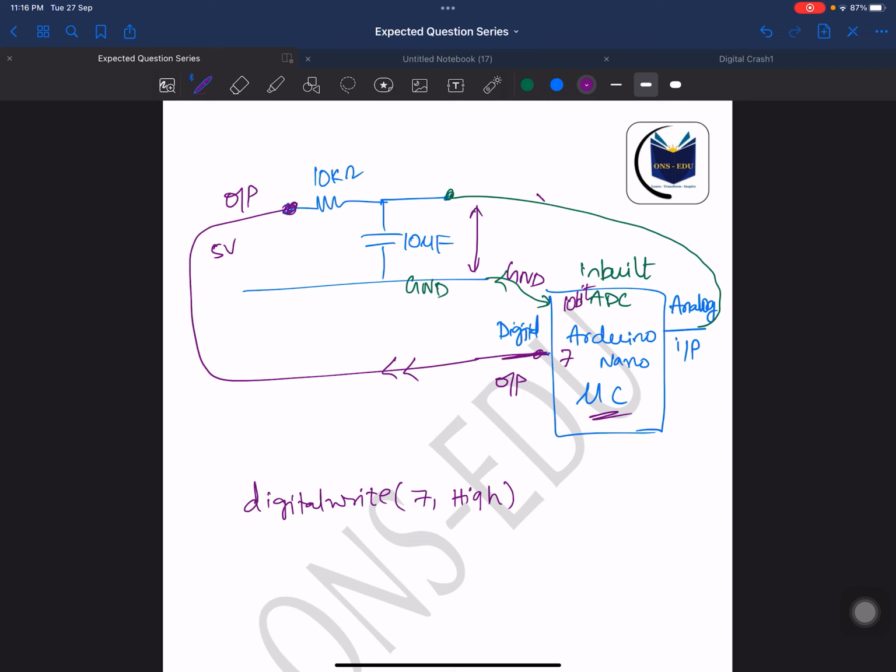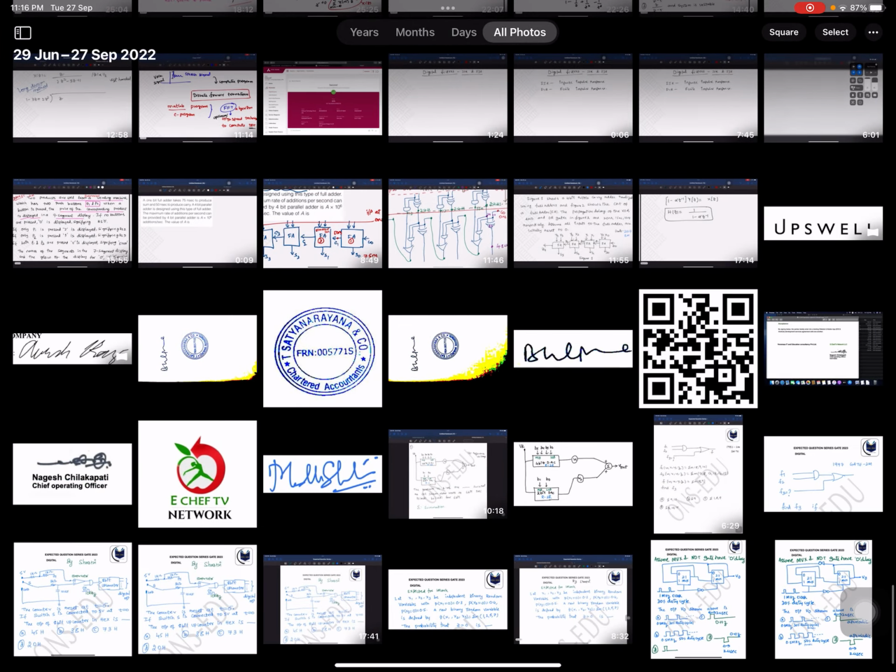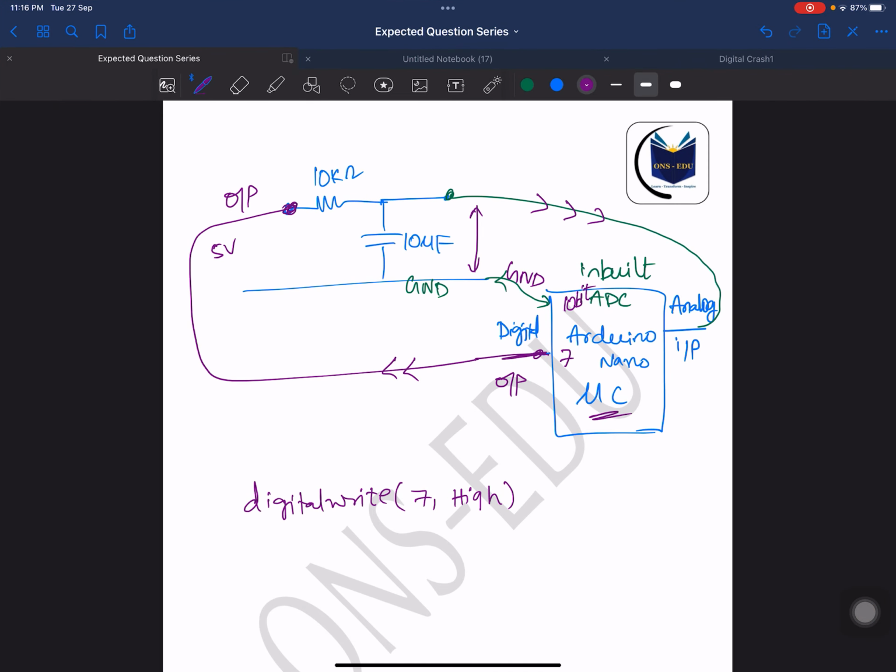So directly, the capacitor voltage I am reading using the analog pin, यानी using the analog to digital converter directly. First I'll make the digital write, I'm outputting 5 volts. Once I output the 5 volts, immediately I'll start the timer.